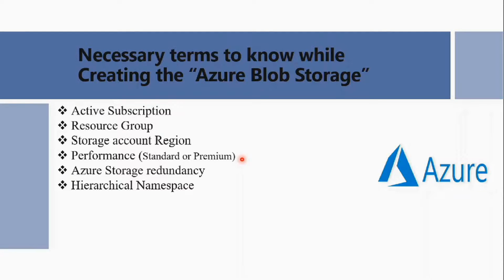We can choose which one is suited. For Azure storage redundancy, I'll make a dedicated video. Okay, let's move on to the hierarchical namespace. If we enable the hierarchical namespace, the blob storage will become Data Lake storage. So we'll discuss this topic in the data lake concepts.